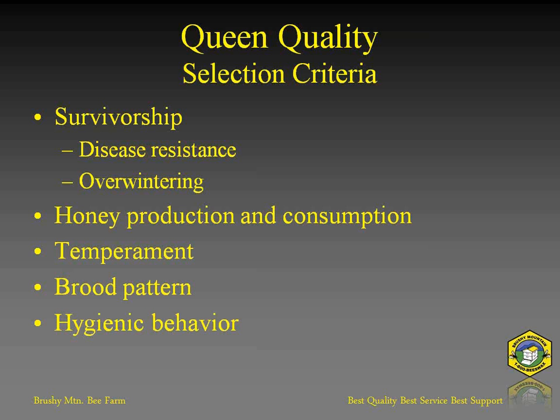And then hygienic behavior. You sort of have to be careful here because you may have what appears to be a somewhat spotty brood pattern, but it could actually be hygienic behavior showing through. Hygienic behavior is basically the selection of bees, of a queen, that the bees are able to detect a high level of varroa underneath the cap.